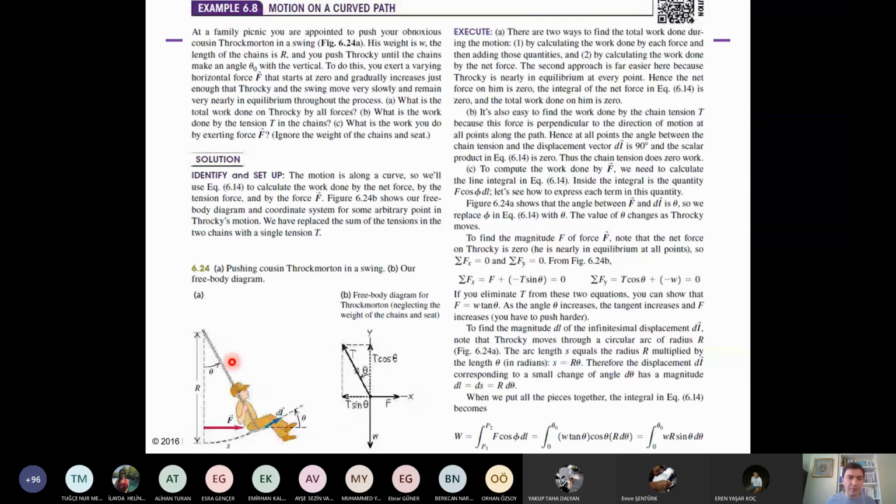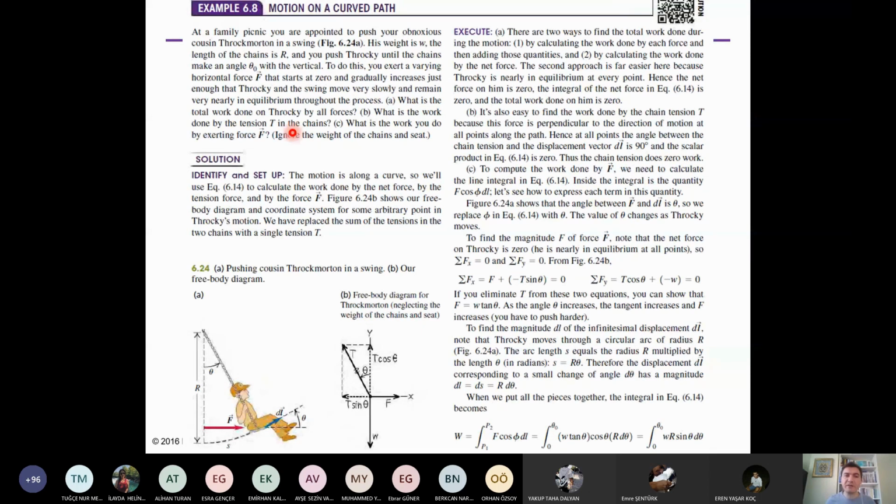So you apply force in this direction until a certain theta, but at the beginning, the force is 0, okay? And you have to increase the force, so you apply a varying force. Another important piece of information here is that the swing moves very slowly and remains very nearly in equilibrium throughout the process.